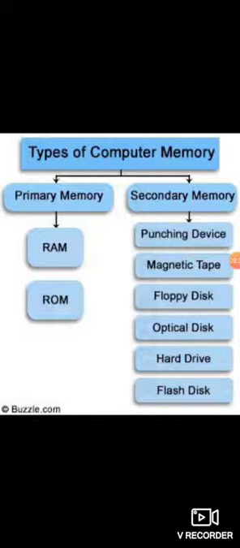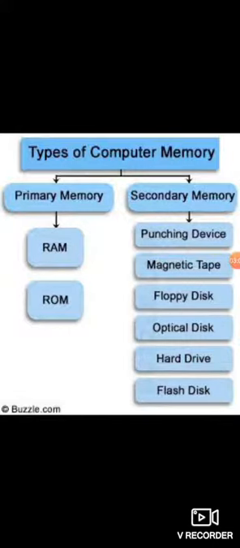The data is stored in primary memory for a short period of time. It holds the data only while we are working on our computer. Once the system is shut down or restarted, the data stored in the primary memory is lost. So for that we need a secondary memory to store our data permanently.